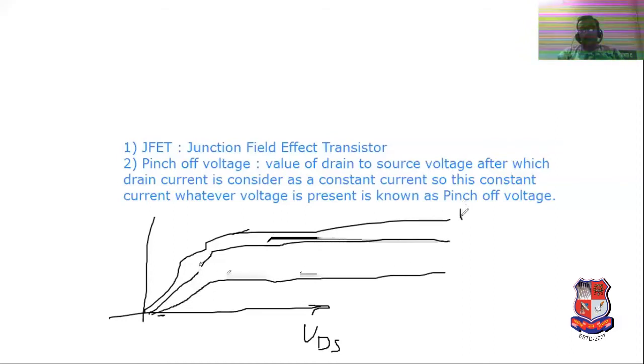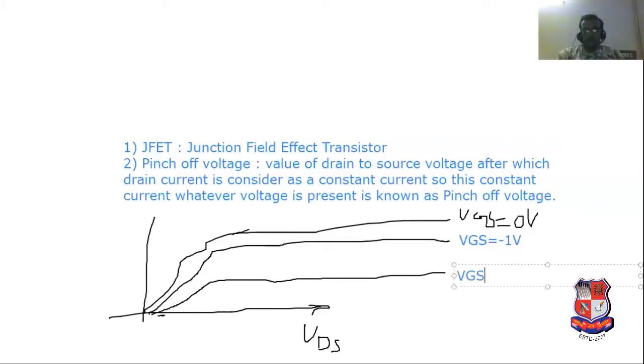See here, VGS equal to 0 volt. Here VGS equal to minus 1 volt.